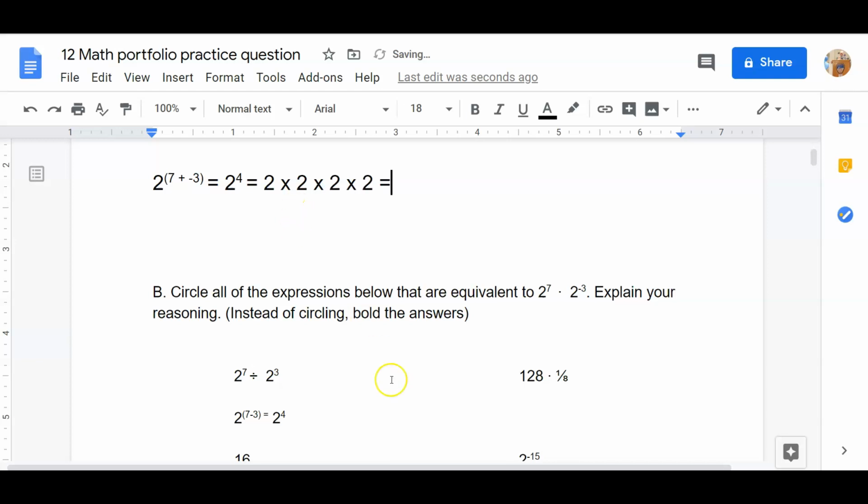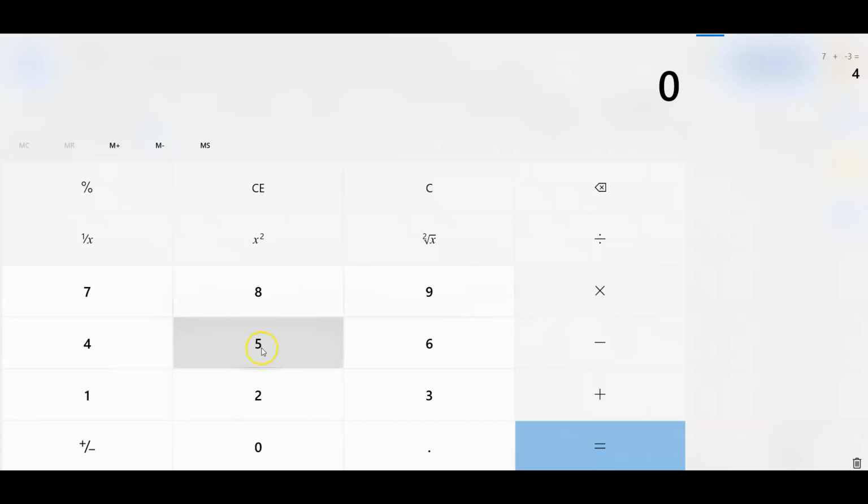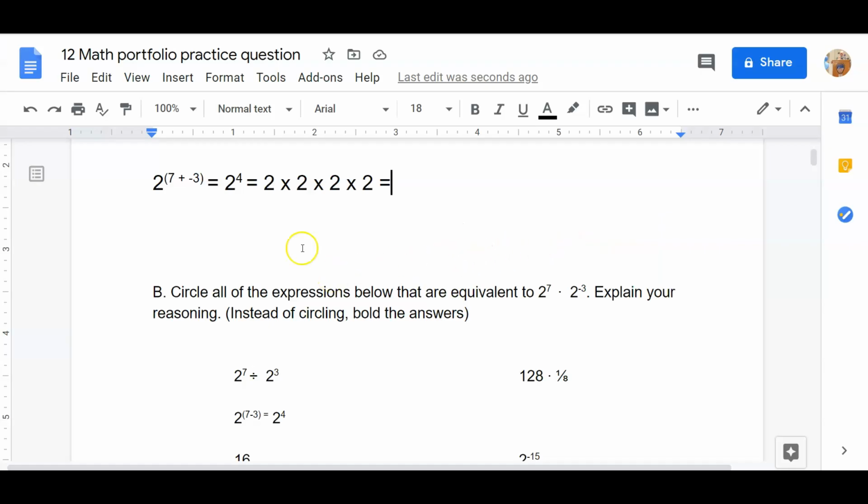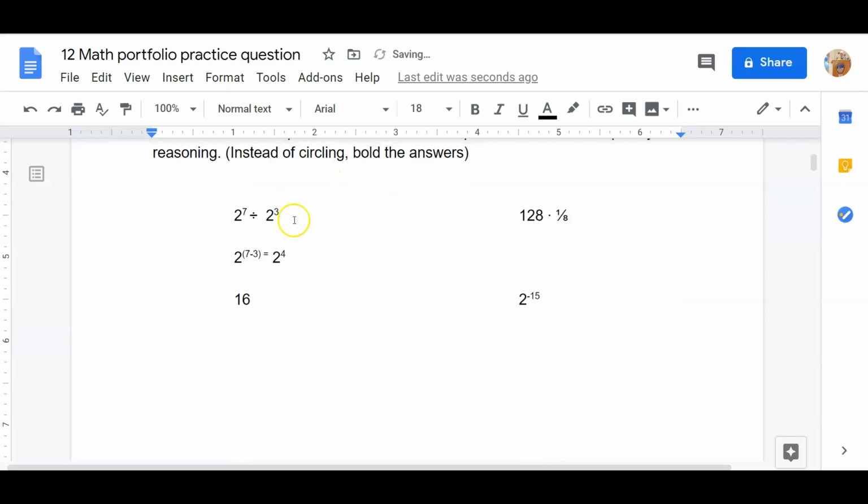What does that equal? Let's see. 2 times 2 equals 4. Times 2 equals 8. And now times 2 equals 16.